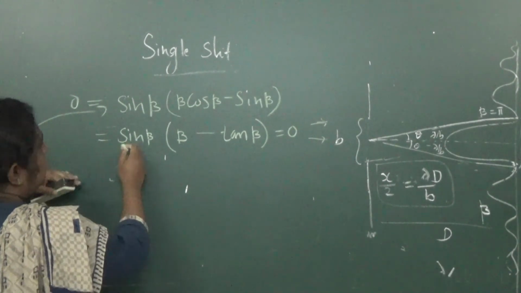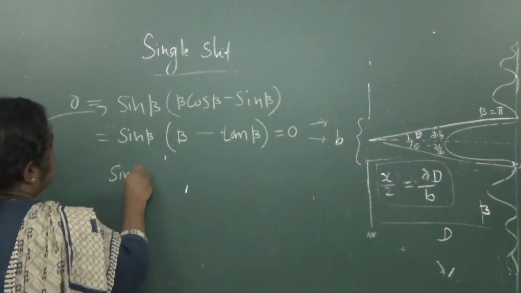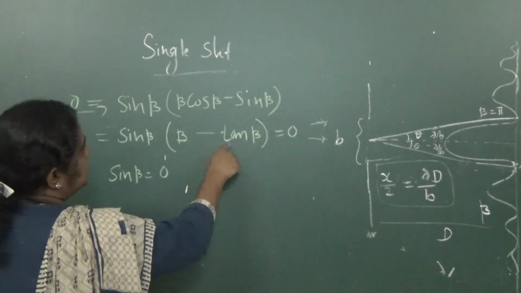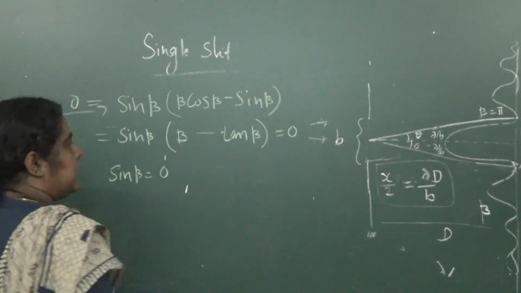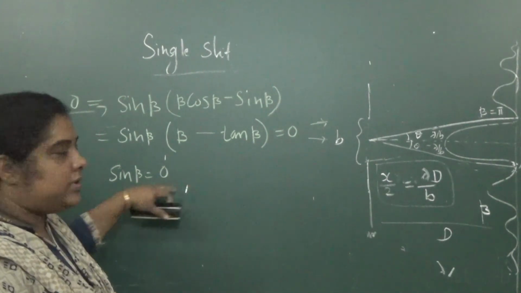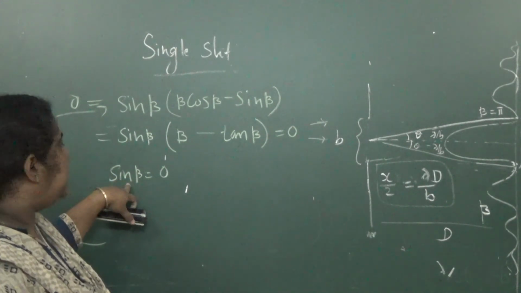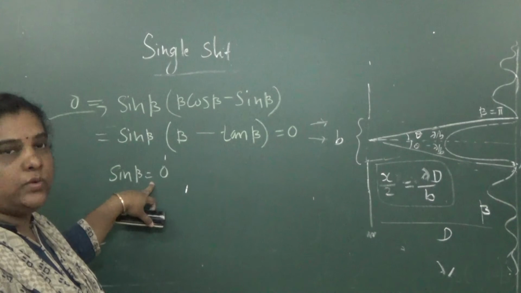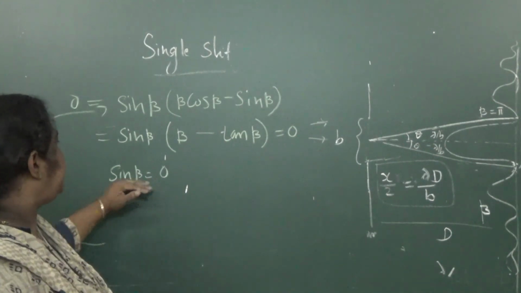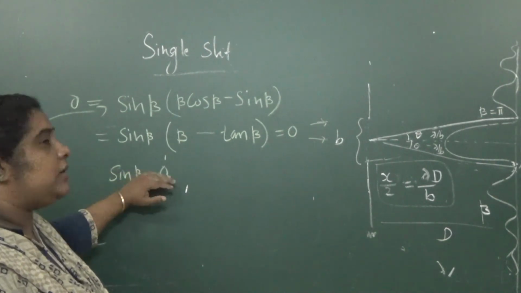So this equation shows either sin beta is equal to 0 or beta minus tan beta is equal to 0. But we have already seen in the last session that the condition for minima is sin beta is equal to 0, that is beta is equal to n pi. Just now we have seen, right? The condition for minima in this case is sin beta is equal to 0.